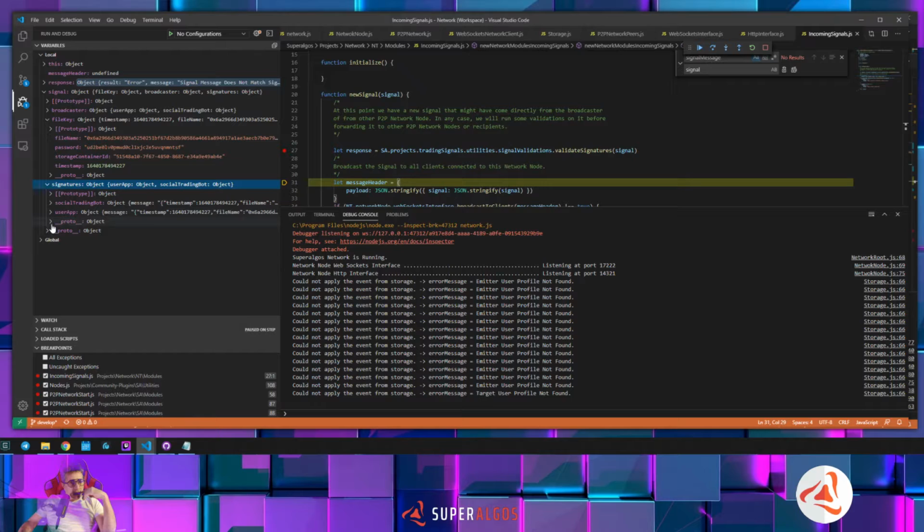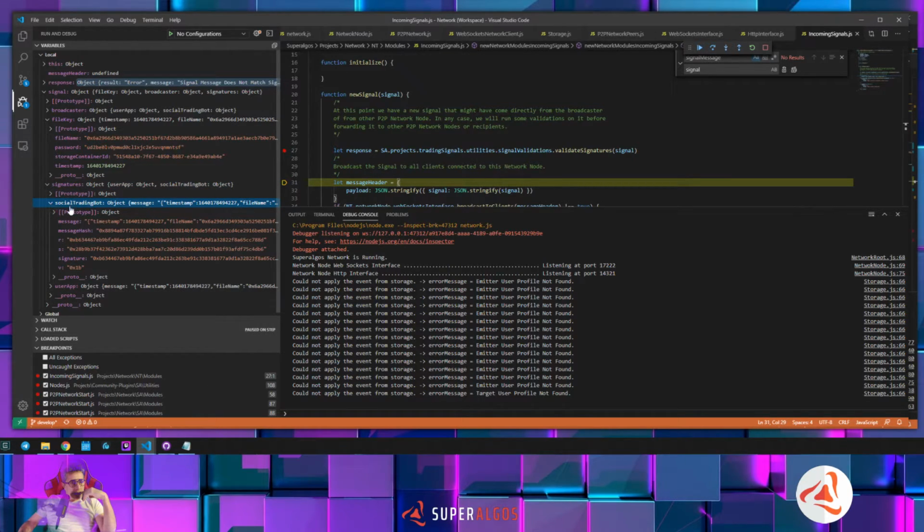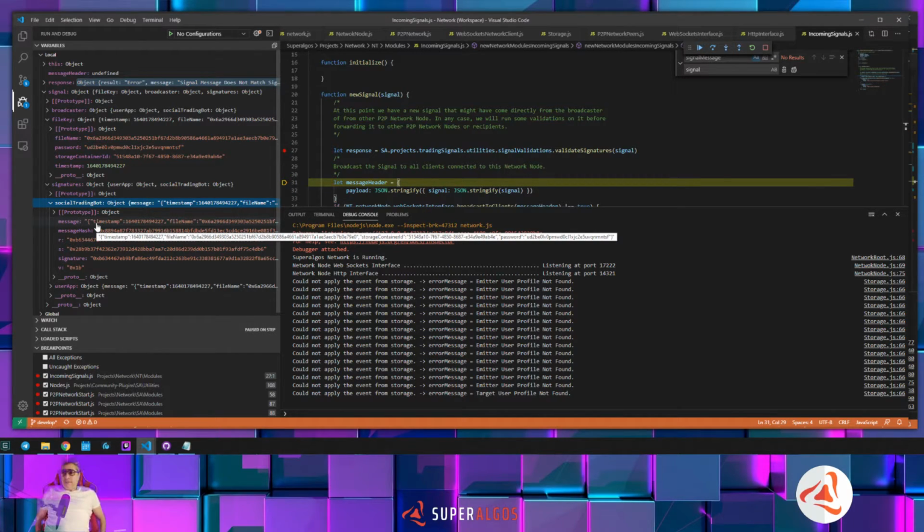Signature message is... it looks good, but I cannot tell why this is not what is needed.